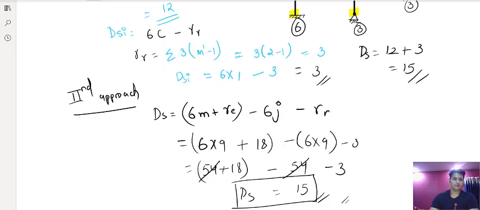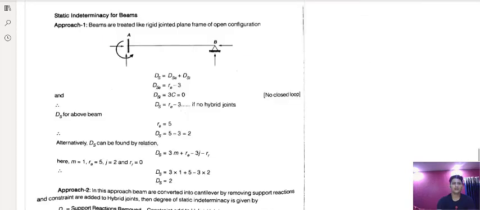Now we will do the part of the beam also. For calculating the static indeterminacy of a beam, first of all you must remember there are two approaches.